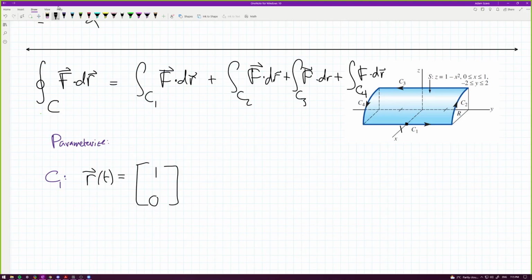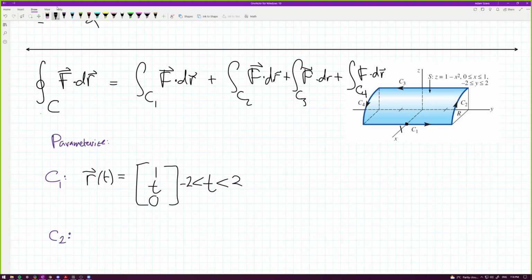And my y value varies, so I'm going to put a variable t, and it varies between -2 and 2. So there is our first parameterization, and it is oriented the correct way. It's going from the bottom to the top there.